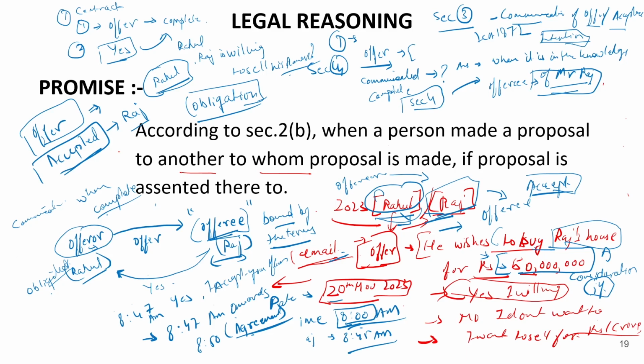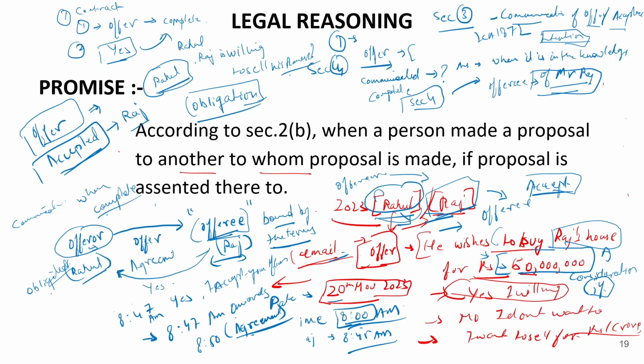And when the offeree conveys his acceptance to the offerer, the offeree becomes liable. And once the offerer comes to know about the acceptance of the offer by the offeree, the whole transaction becomes an agreement.